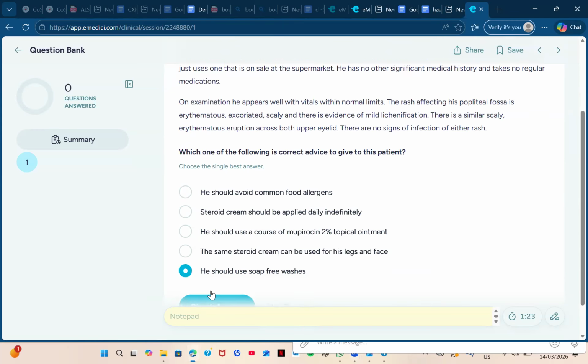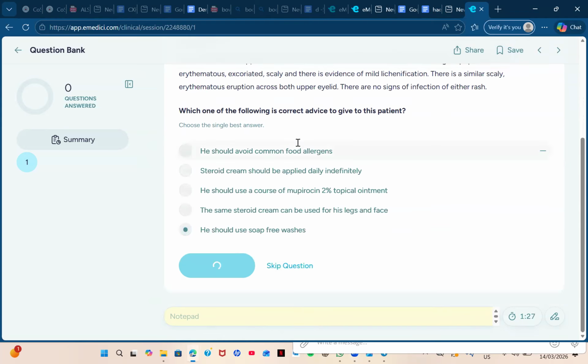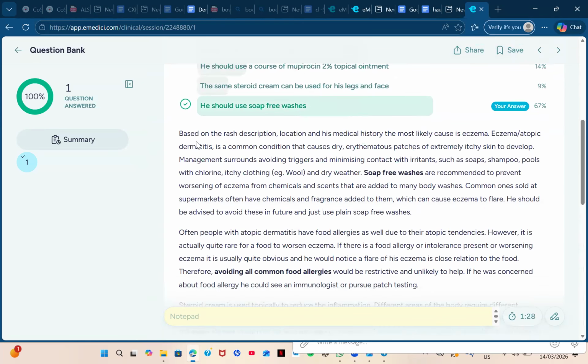What about other doctors? Good. Here, based on the rash description, location, and his medical history, most likely due to eczema, right? Eczema or atopic dermatitis is a common condition caused by dry erythematous patches of extremely itchy skin.